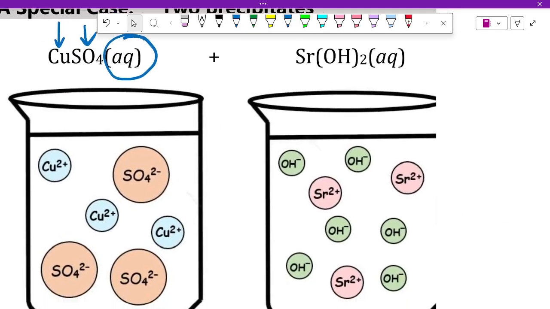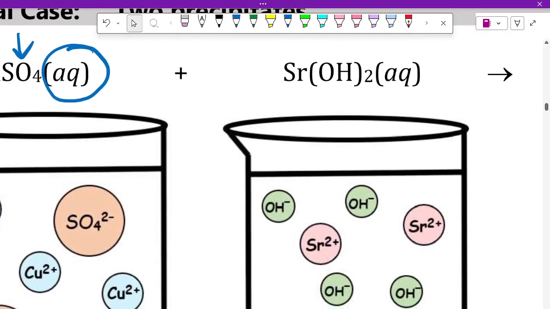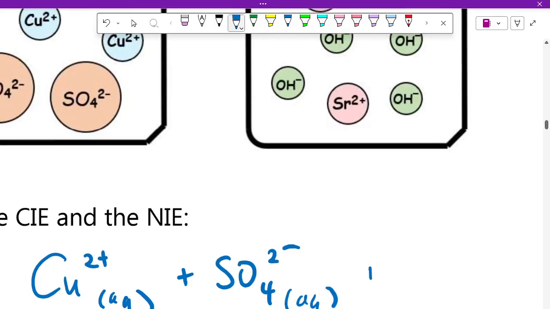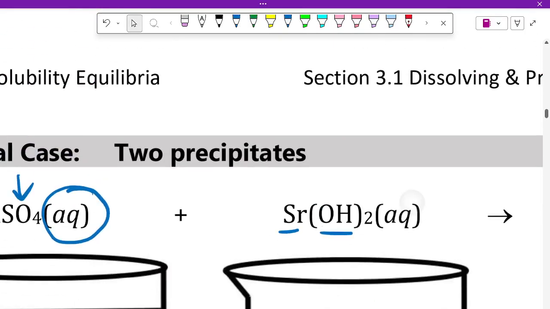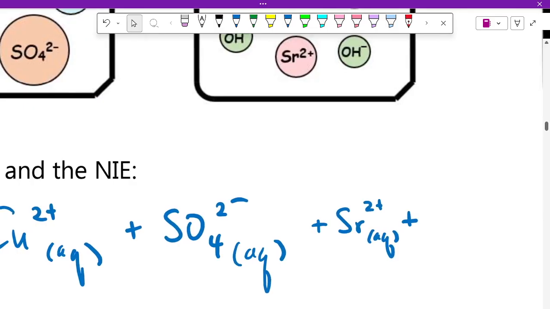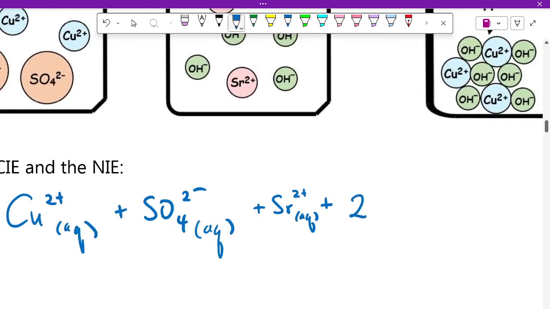Okay. We have Sr(OH)2, so we need to split apart the Sr and the OH. So we end up with Sr2 plus aqueous plus how many OHs? 2 OHs because of that 2 there, okay? 2 OH minus.